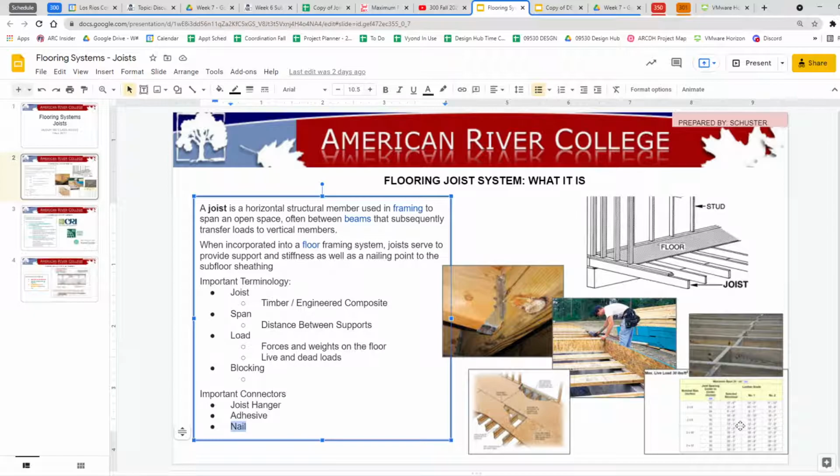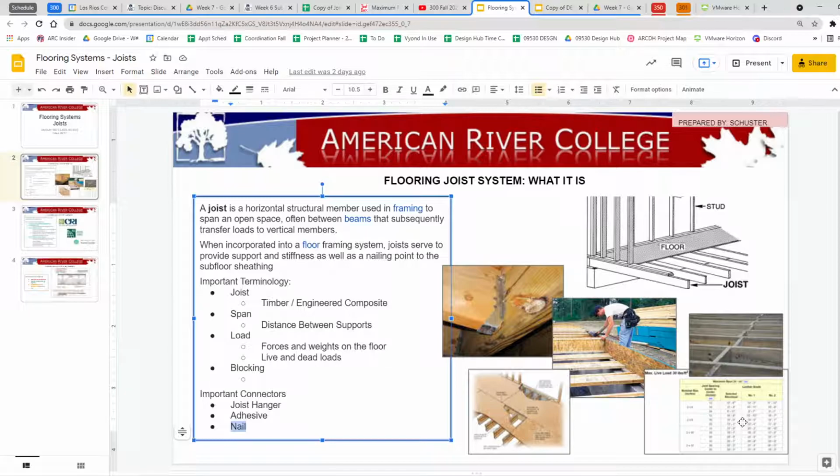And it's not in this one, but there are nailing pattern tables that say what is the load if you're nailing with the grain and across the grain. So there's a lot to know about these things. You don't have to know everything. They're all in the tables.